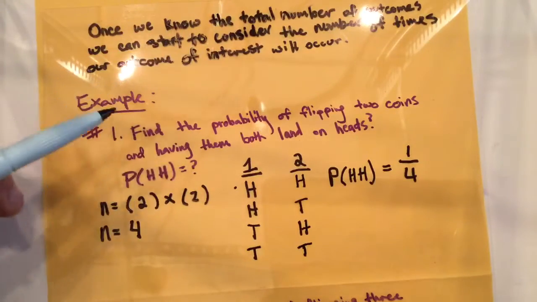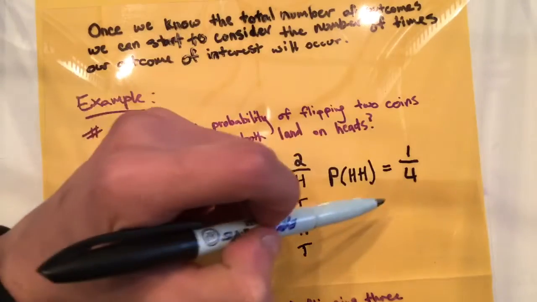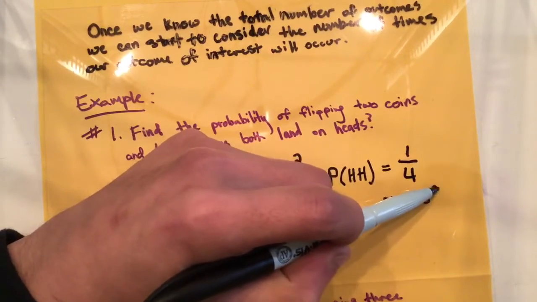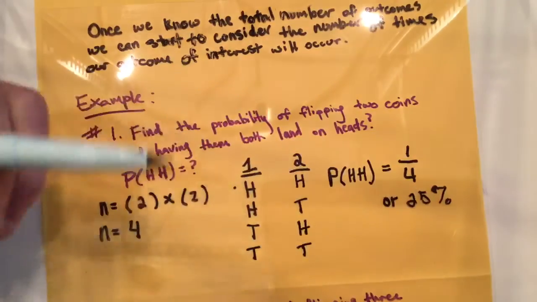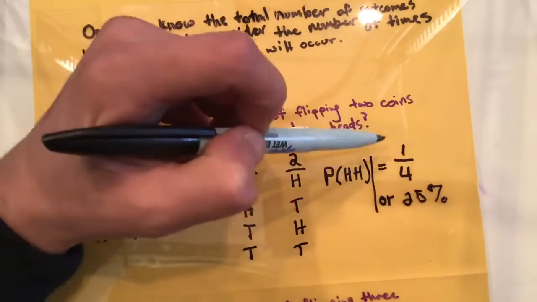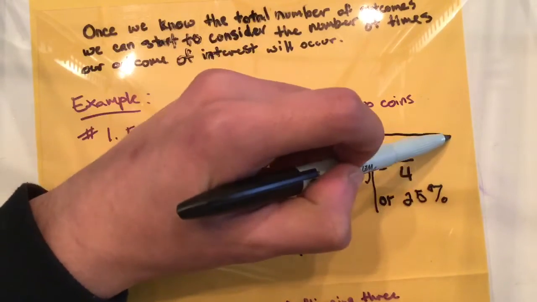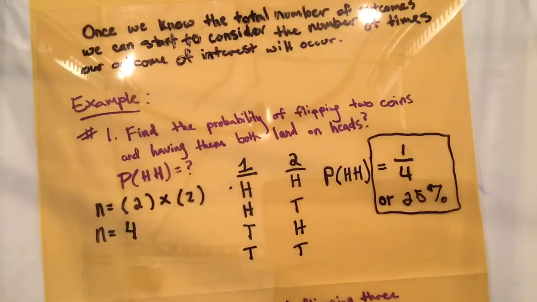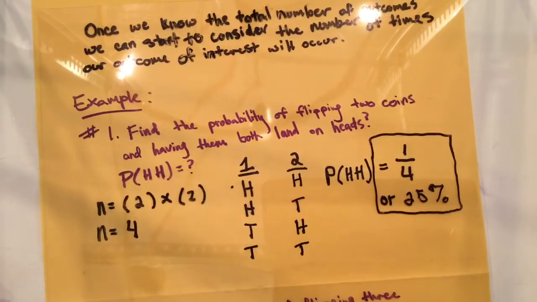So our probability of that happening is 1/4, or 25%, or 0.25, or however you want to write it, it doesn't matter. But there you go. Easy peasy. Alright, so there's example number 1.